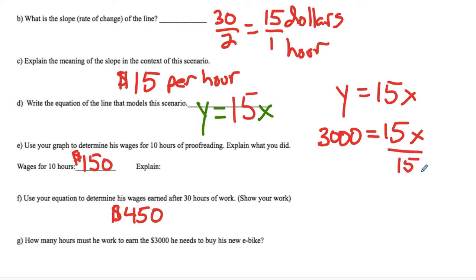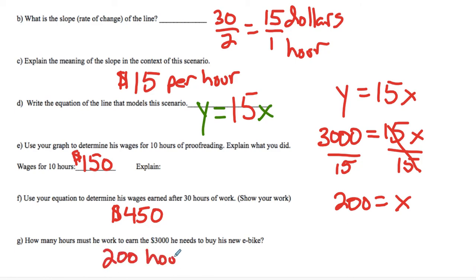I'm going to divide both sides by 15. So this cancels out. I get x equals 200. All right, so 200 hours is what he would need to work to earn $3,000.